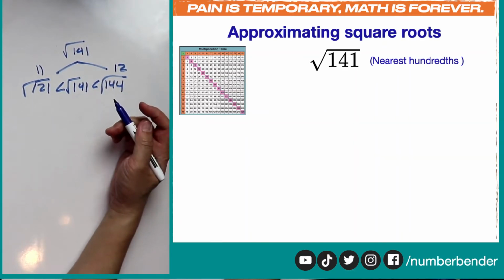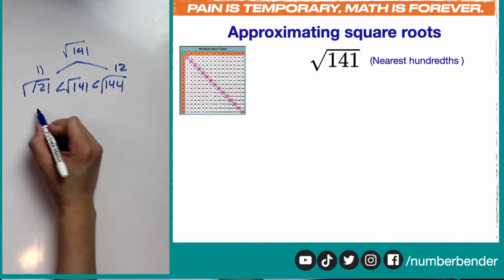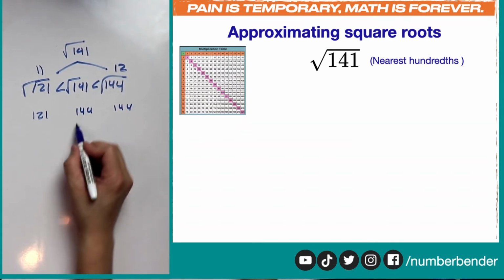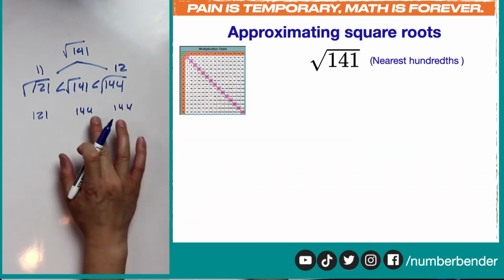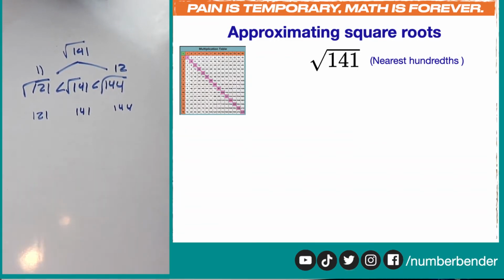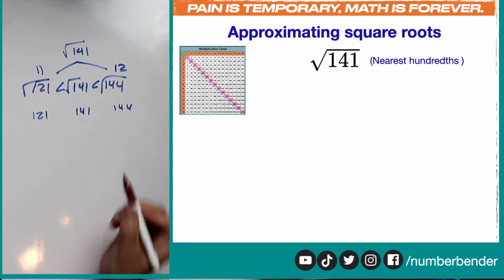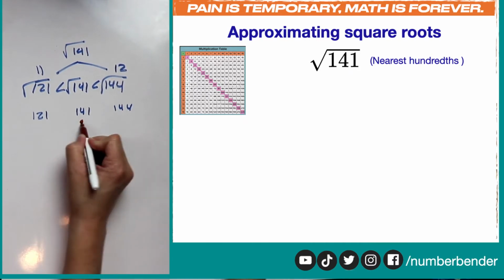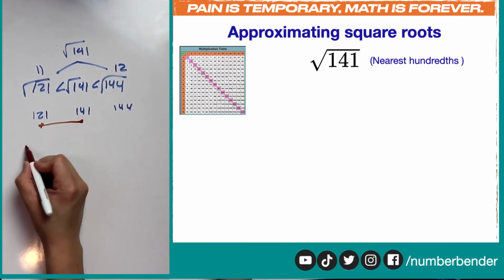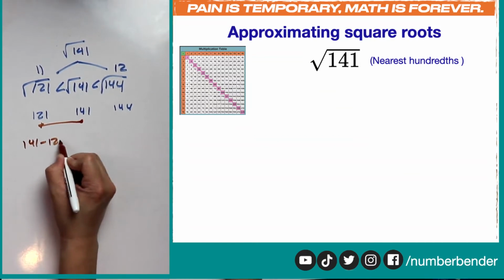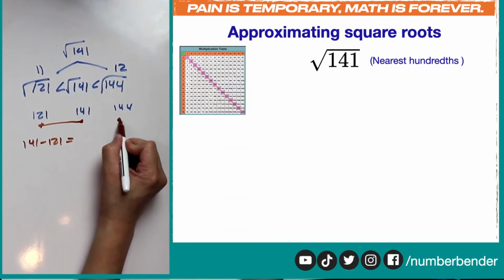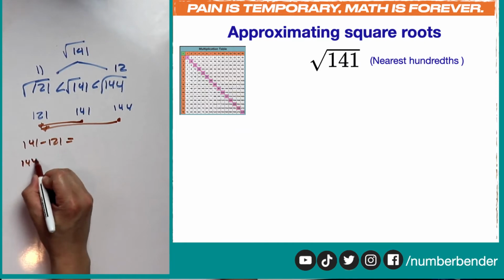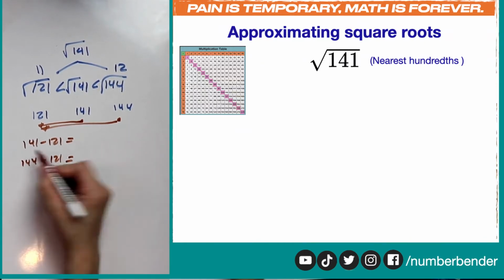So all we need to do is figure out our decimal value, and to do that we use our perfect squares estimates: 121, 141, and 144. We're going to find a rational number that will help us estimate our decimal value. How are we going to do that? We subtract 121 from 141, and also subtract 121 from 144.